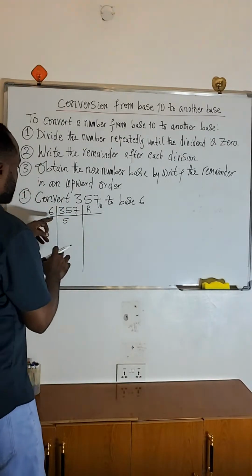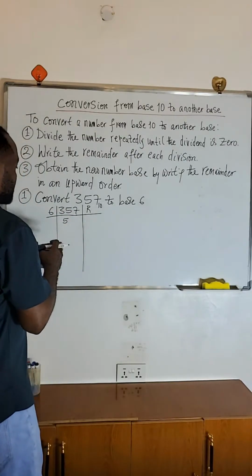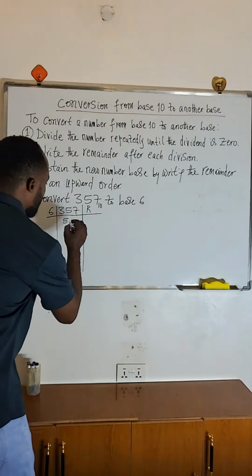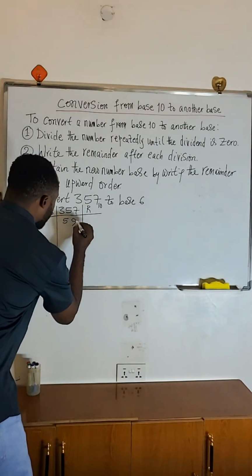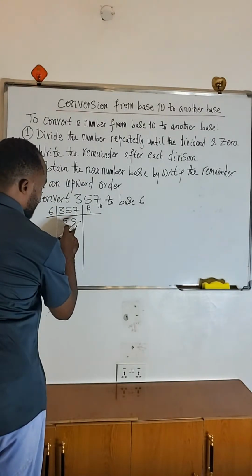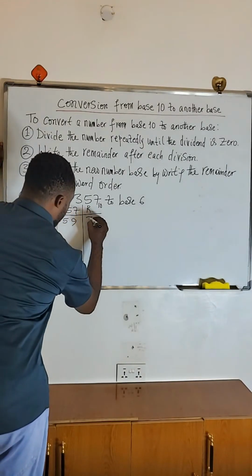So 6 goes into 57 how many times? 6 tens are 60, 6 nines are 54. So 6 goes into this 9 times. Remainder 3.